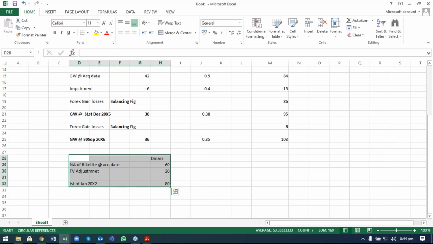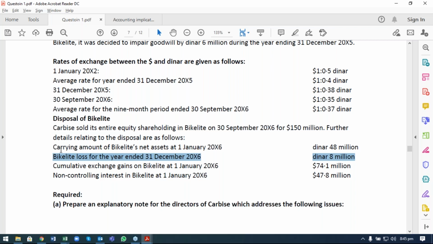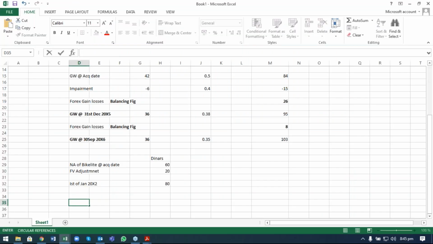But once you come to know that from 1st of January 2002 till 31st of December 2005, there is no data given, what we are going to do is make sure that the carrying amount of Backlight's net assets on 1st January was given as 48 million, right?